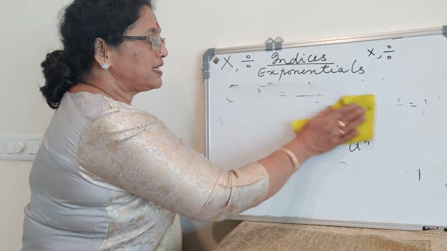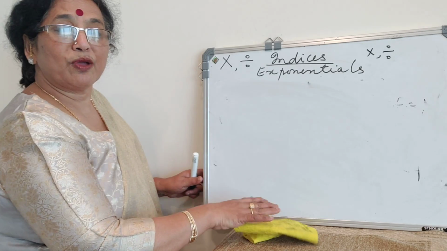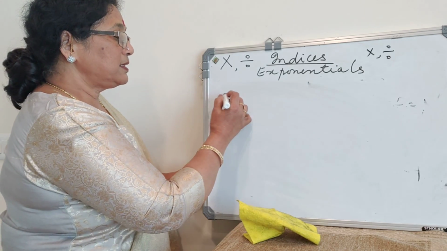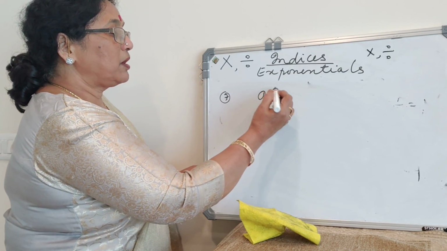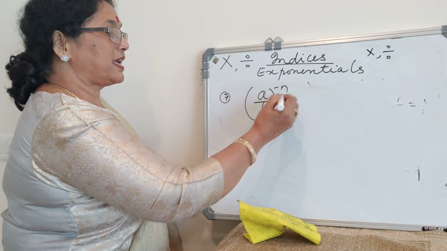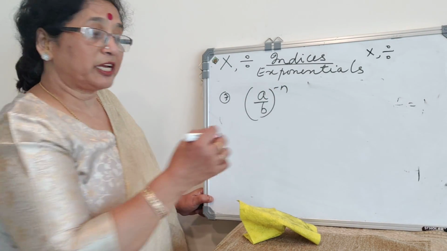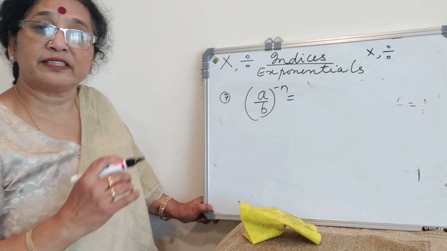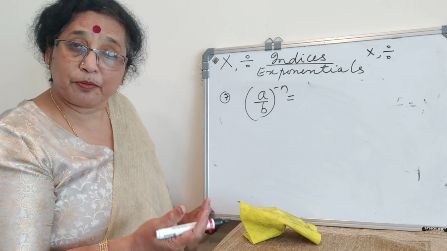The other things, 6 and 7, we'll be going one by one. The other one is, say, a by b to the power of minus n. You want to make it positive. I told you, always think positive, write positive.